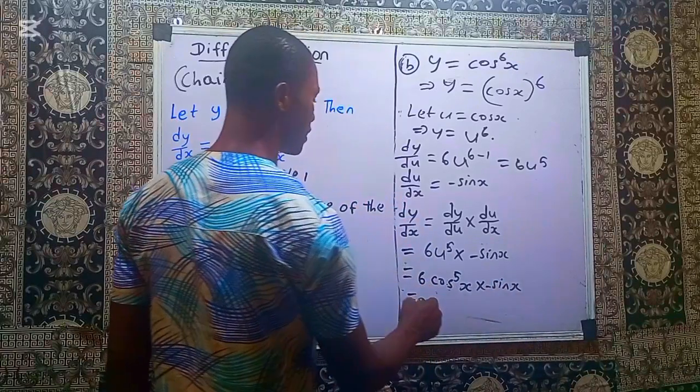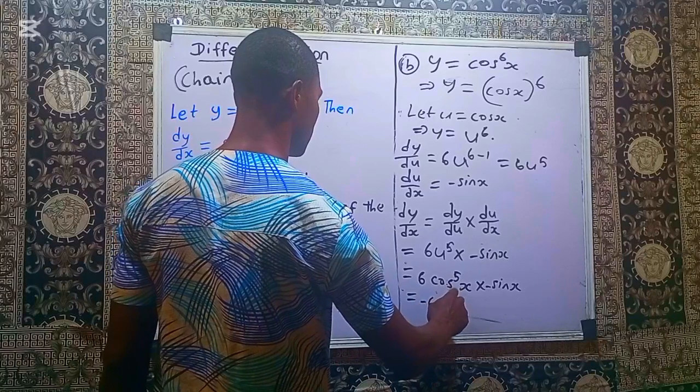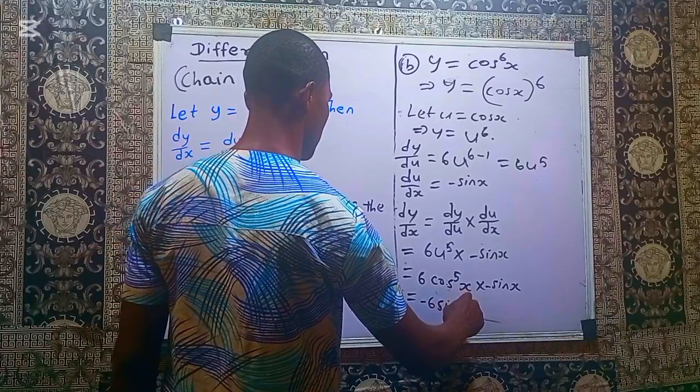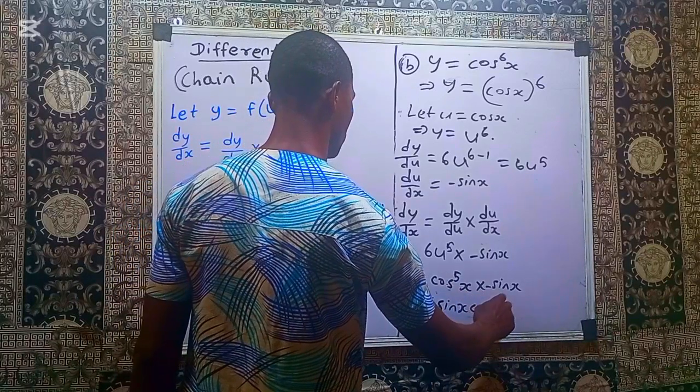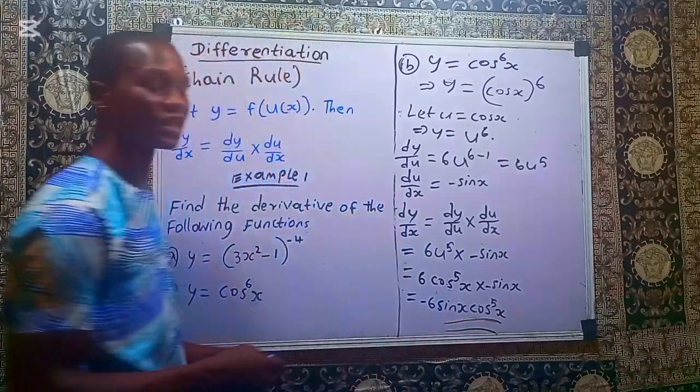If you simplify, 6 multiplied by negative sine gives negative 6 sine x cos x raised to power 5. So this gives us the derivative of this very function.